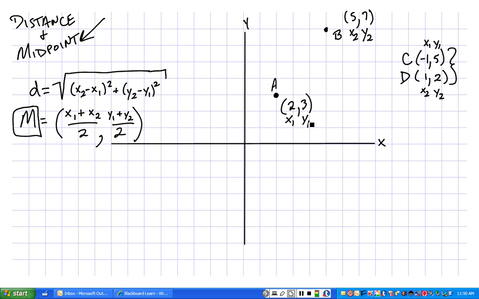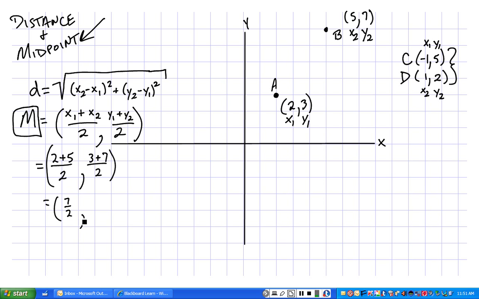So we have our x1, y1, x2, y2. So now we would plug in x1 being 2 plus 5, which is our x2, over 2, and then y1, which is 3, plus our 7, which is y2, over 2.